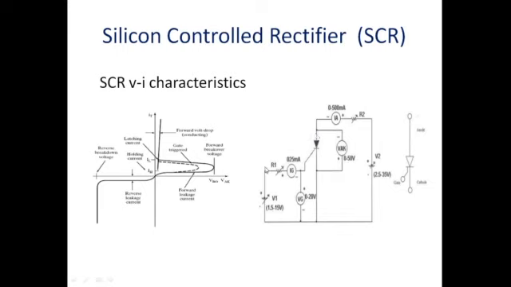First of all, think about this experimental setup. There is one voltage source connected between gate and cathode, you can call it V1 or VGG. There is a multimeter which I am using to measure the current flowing into the gate terminal, and a voltmeter to measure the potential difference between gate and cathode.